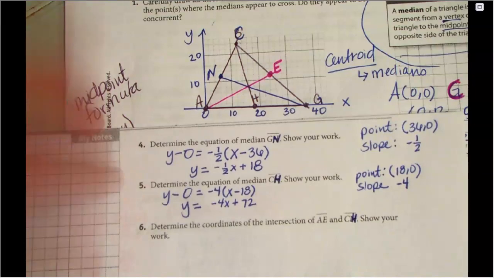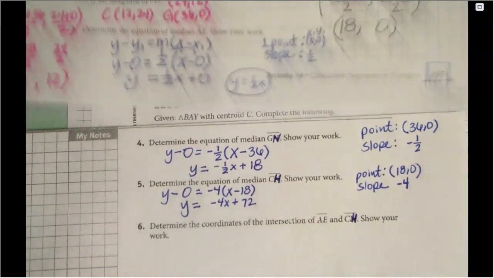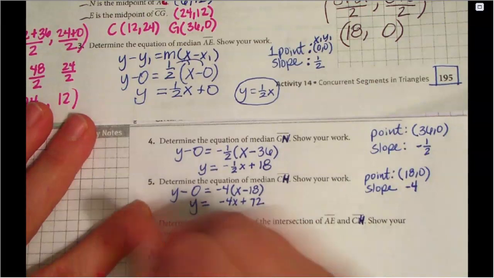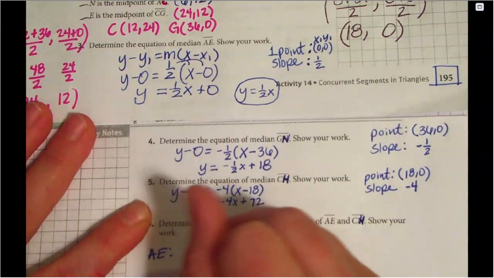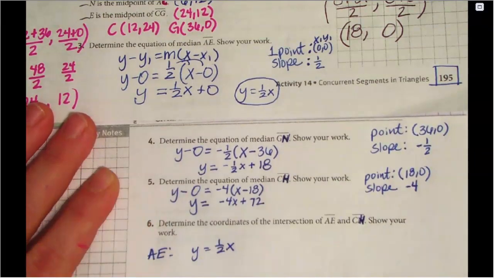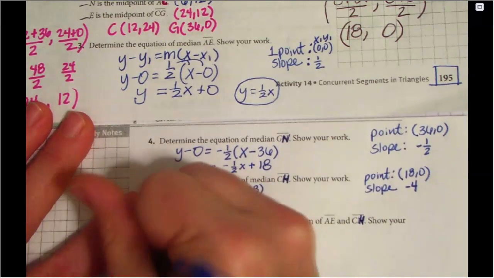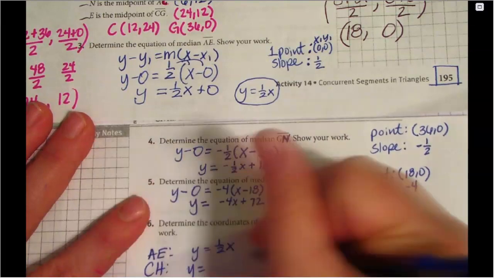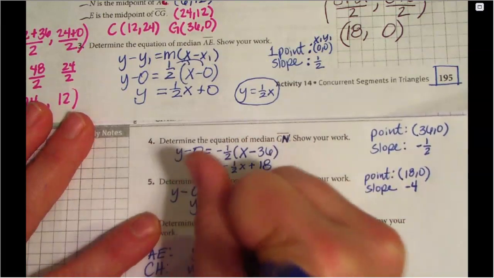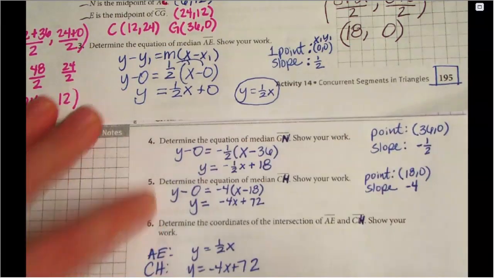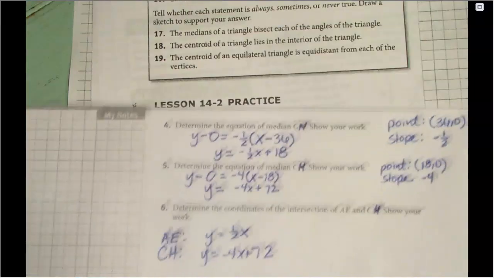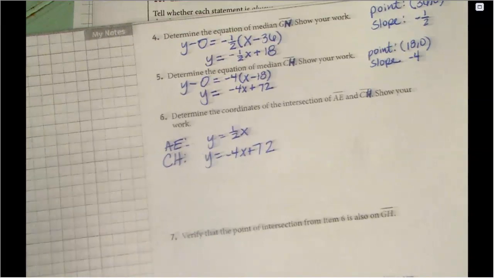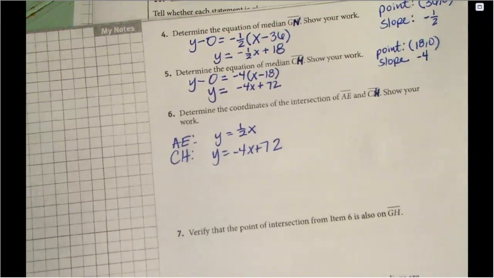So AE, that equation was on the first page, which is y equals 1/2 x, and CH is the one that we just found, which is y equals negative 4x plus 72.